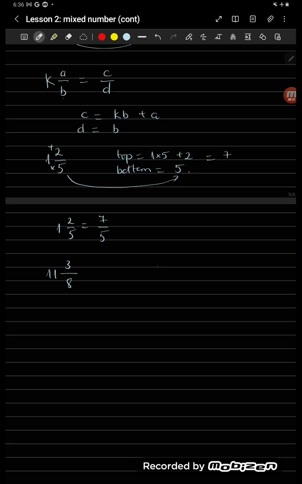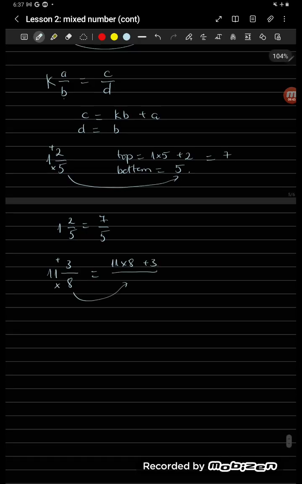We also follow the same rule: the top part is this one times this one, plus this one, so it will be 11 times 8 plus 3. The bottom part does not change. If in the mixed number it is 8, in the fraction it's still 8. The only thing you need to work out is the numerator of the fraction.